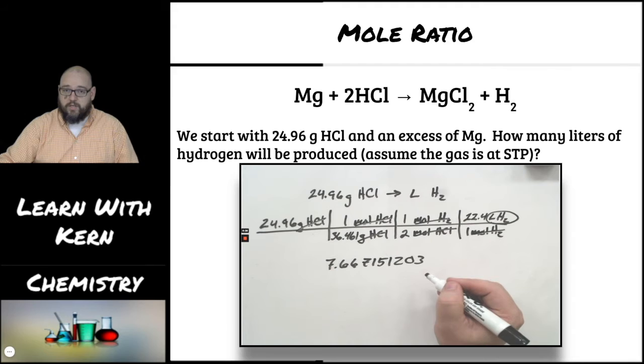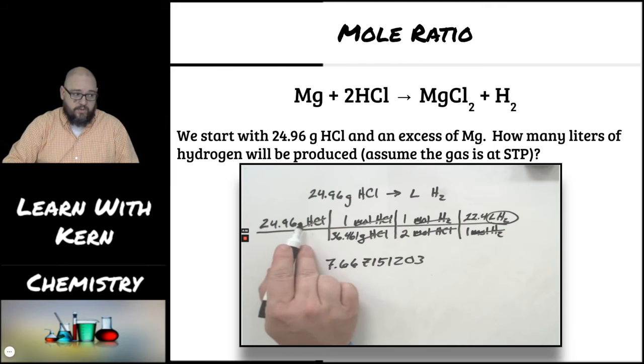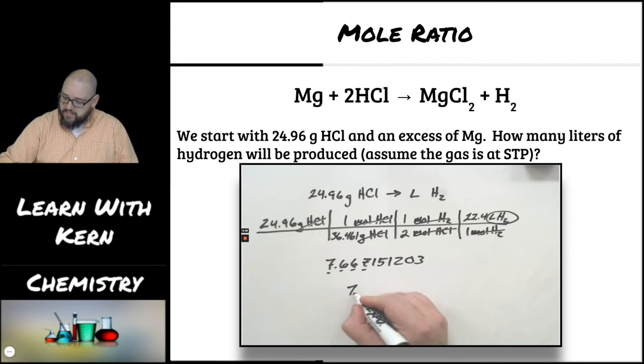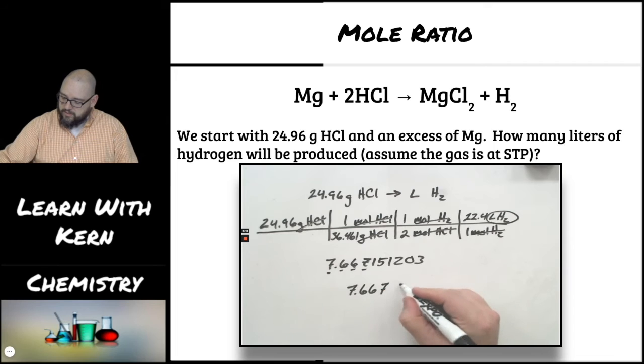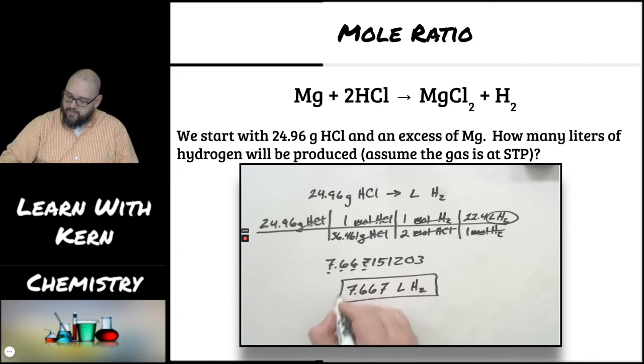We have to round to the proper number of significant figures. Well, the question I started with had 4 significant figures, so I'm going to have 1, 2, 3, 4 significant figures, 7.667 liters of H2. And there is the problem.